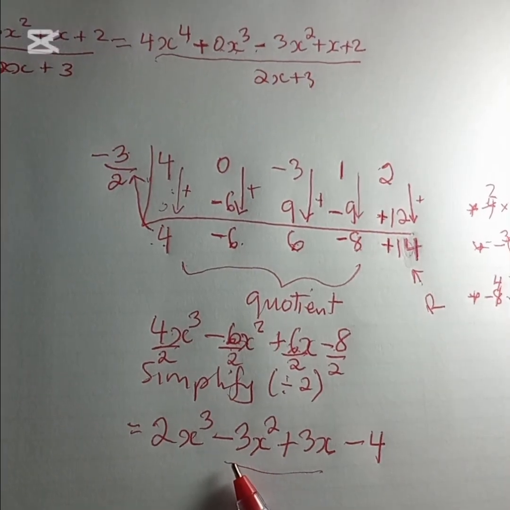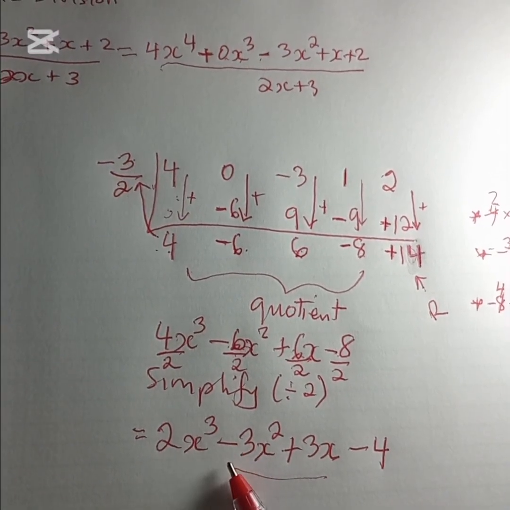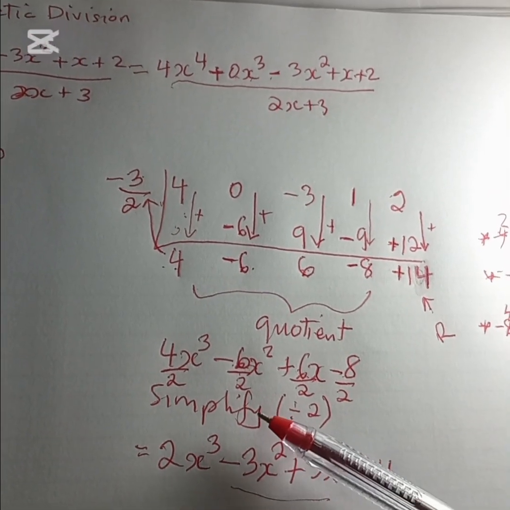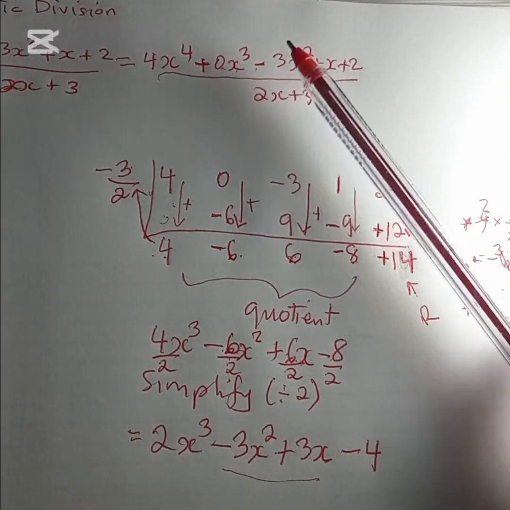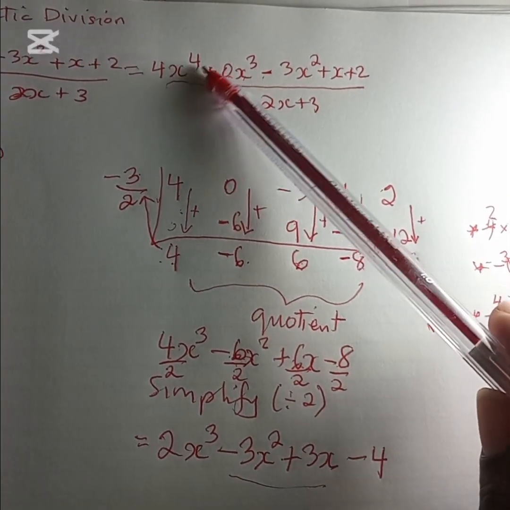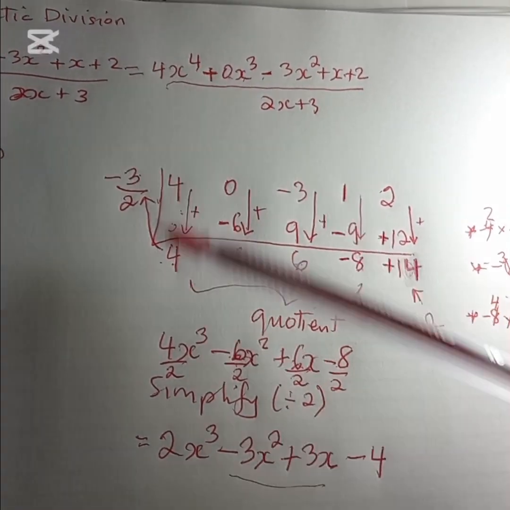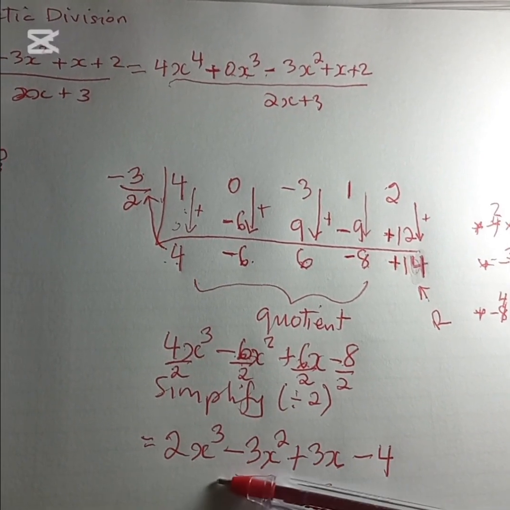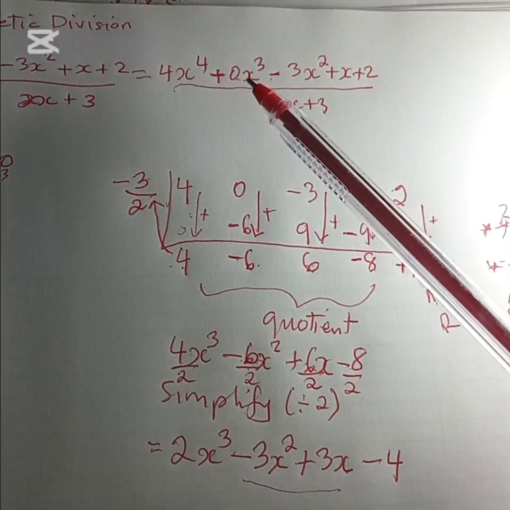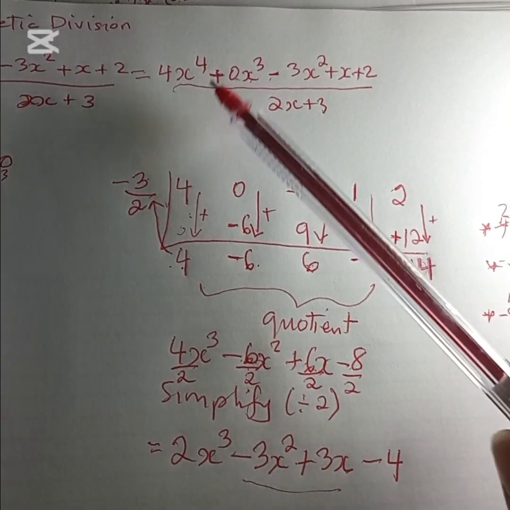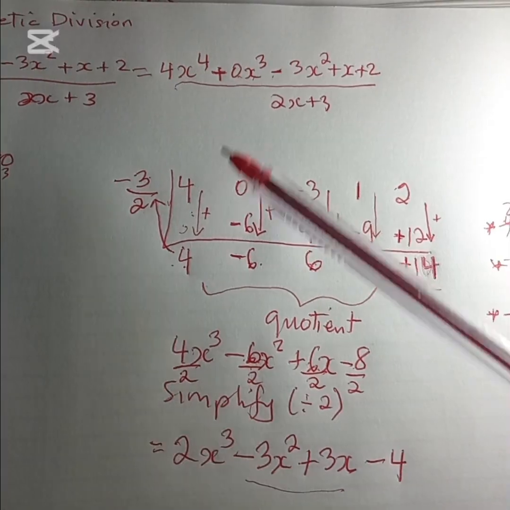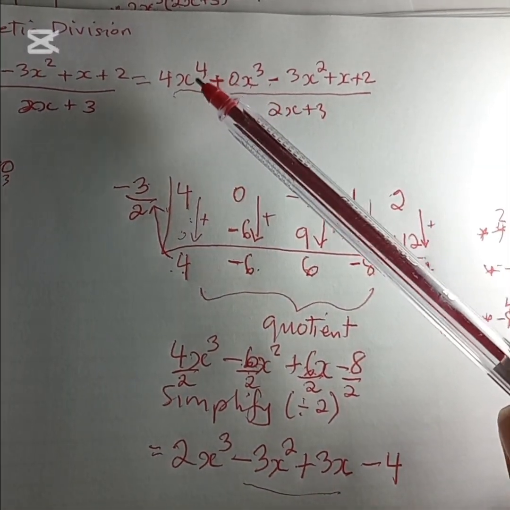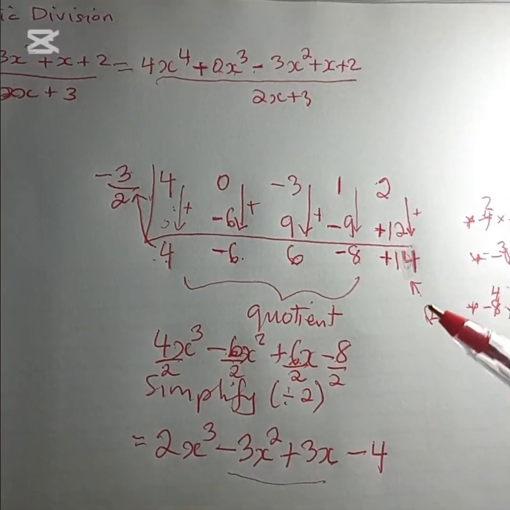So this is our simplified quotient, 2x cubed minus 3x squared plus 3x minus 4. And take note, since our polynomial dividend is a quartic one with the highest power of 4, our quotient must have a power of 3. So when we expand by writing it as the quotient times the divisor, you see x cubed times an x will give us an x to the power of 4.